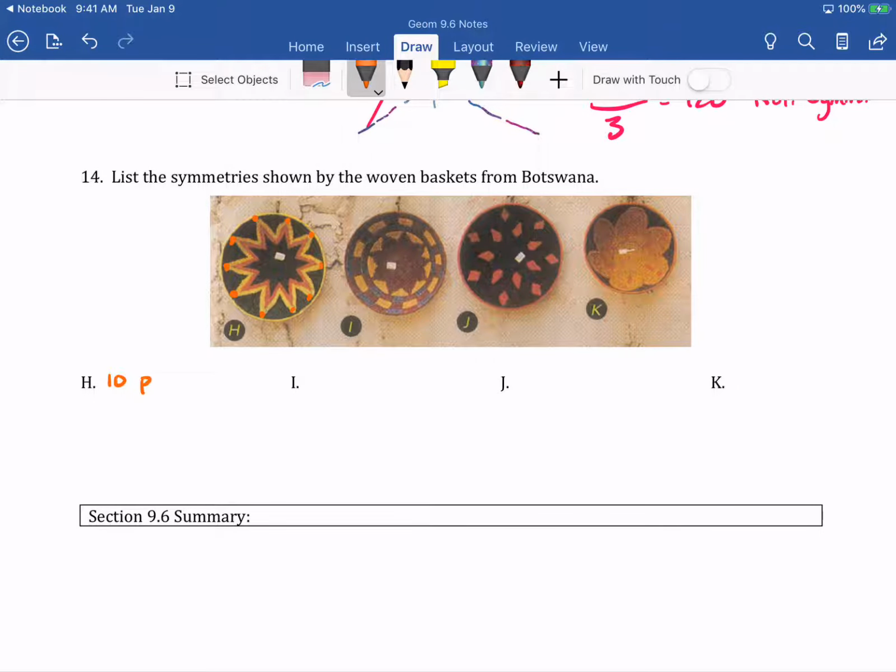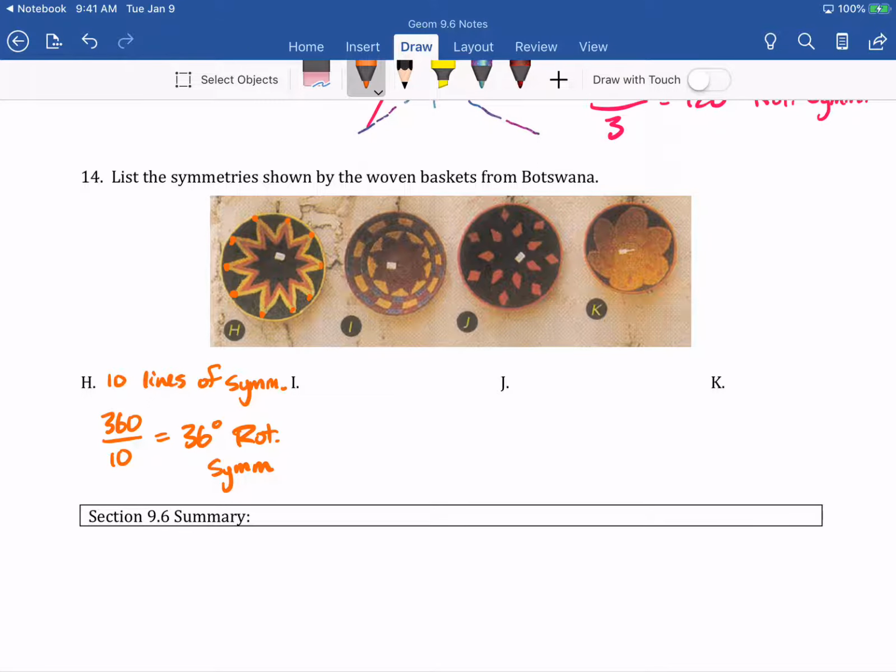I want to just erase this and write the word 10 lines of symmetry coming from those 10 points. So if it has 10 lines of symmetry, if we take 360 degrees divided by 10, that would give us 36 degrees rotational symmetry.